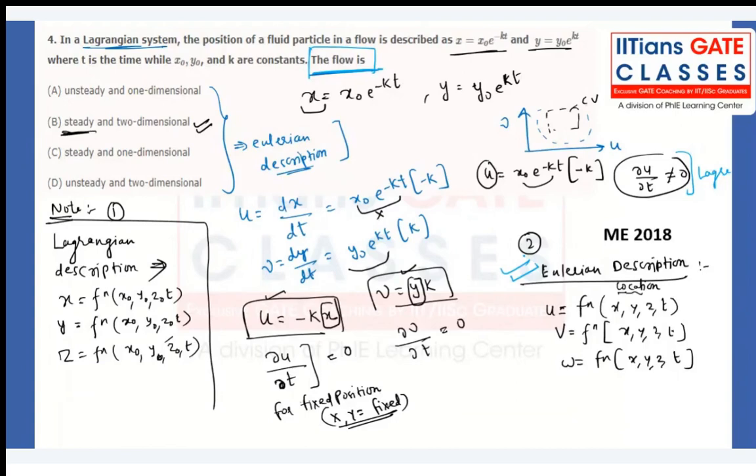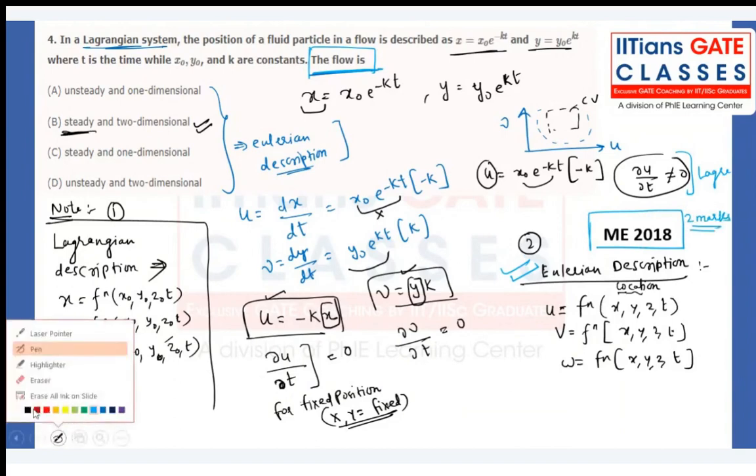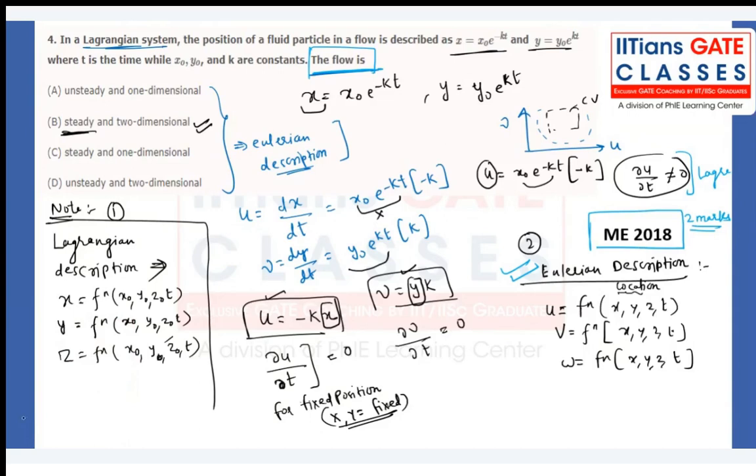So it is a very beautiful problem that was asked in mechanical for 2 marks. Before that year, we always used to play with the coordinate system, whether u is a function of x, y, z, or whether the velocity field is given as ui plus vj, or we say steady flow, that means it is not varying with respect to position.